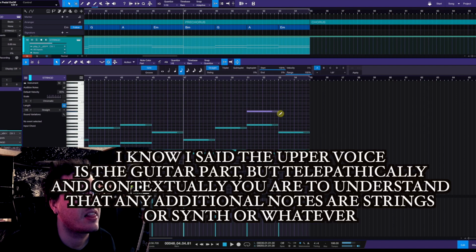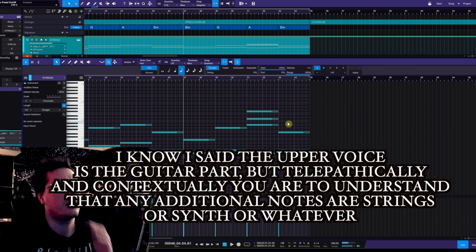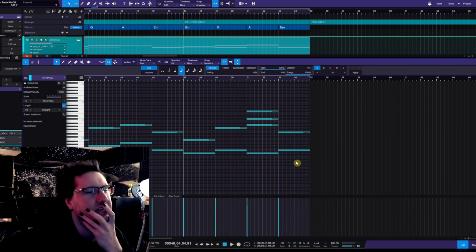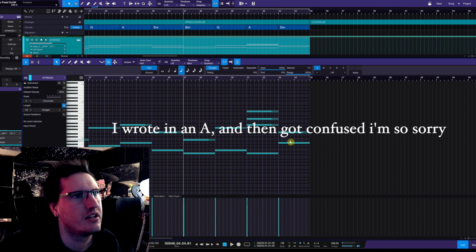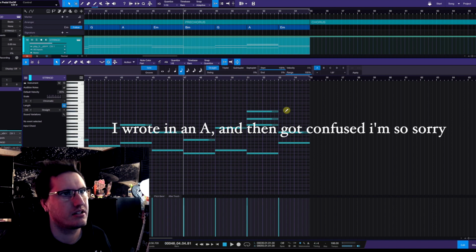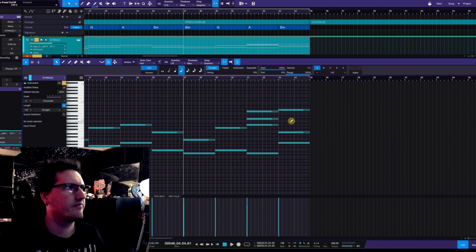D, F, A, and C sharp. That's actually going to be really stupid, but I'm going to try it. Which resolves to G. G, A, B. But see, that's going to have a fourth in it. G. That work with just an augmented.